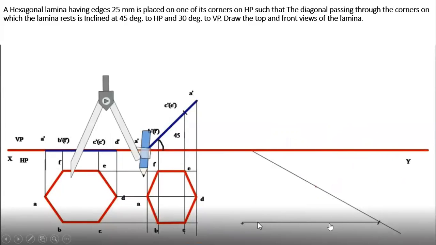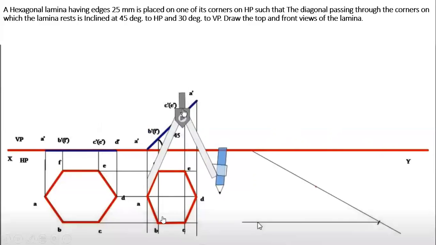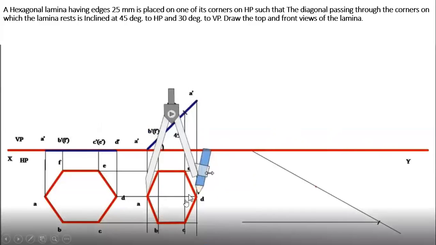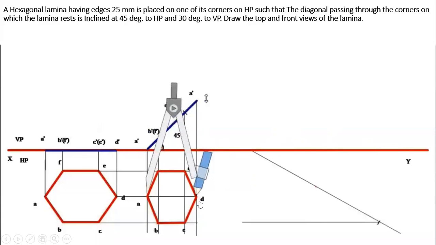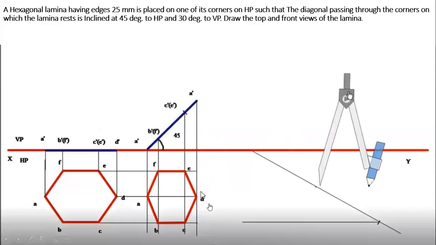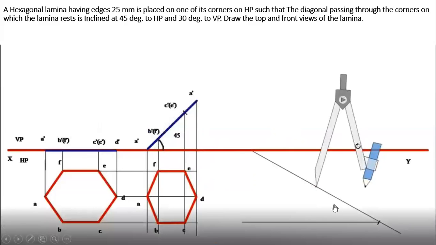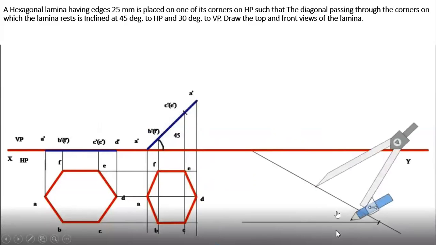And draw the locus. Okay, now measure the distance from A to D, that is the diagonal of the hexagon from the second position, and with the same A as the center, cut an arc on the locus line.